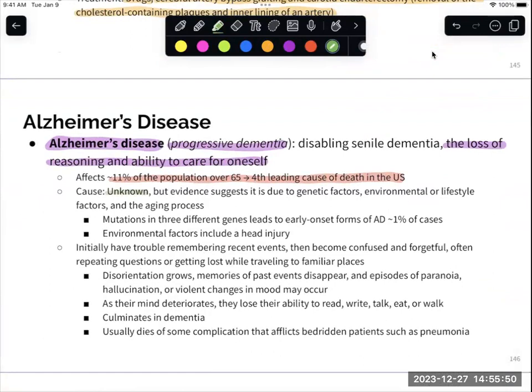There is some evidence of genetic factors, but also environmental and lifestyle factors, and it could be just part of that general aging process. But they have found mutations in 3 different genes that can lead to early onset of Alzheimer's. Environmental factors like head injuries.